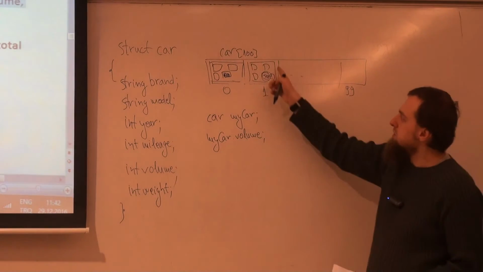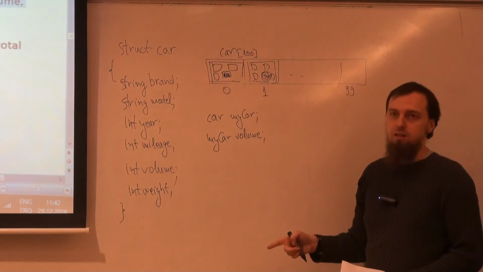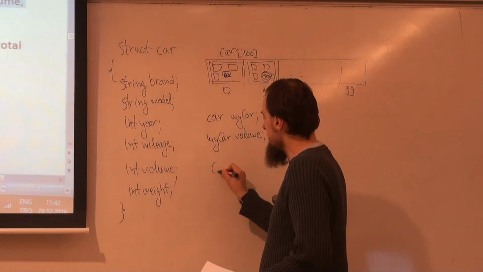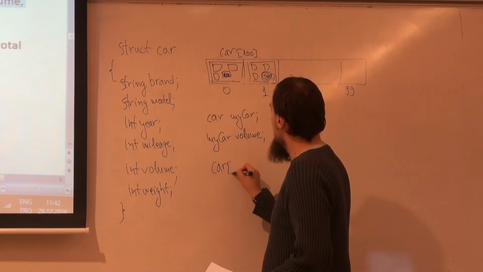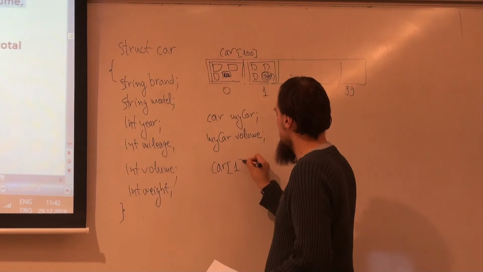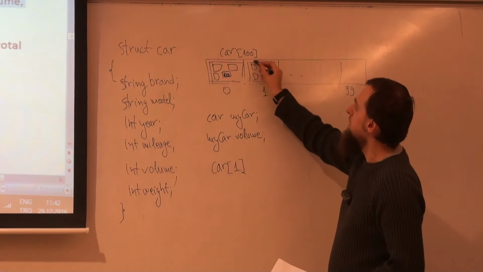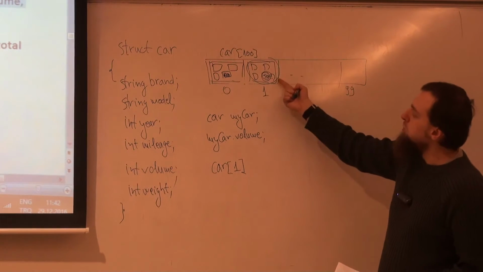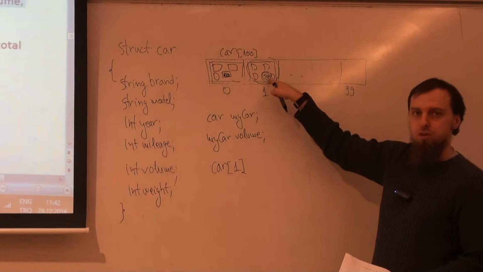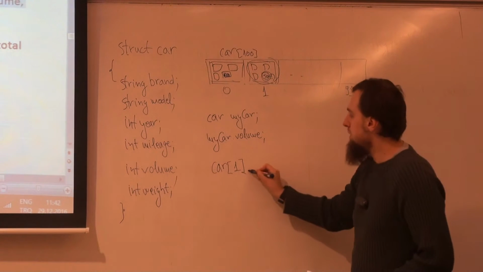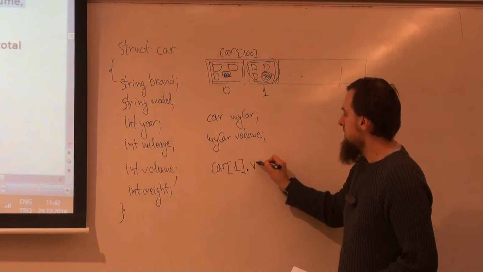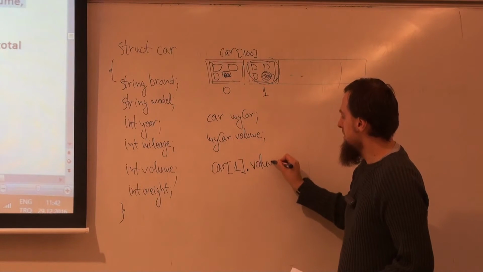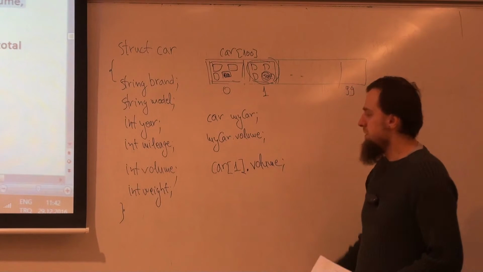So first I should access this data here. How do I access that data? It's car of 1. Now I am here. And if I want to access the volume of that particular car, then .volume. This is it, okay?